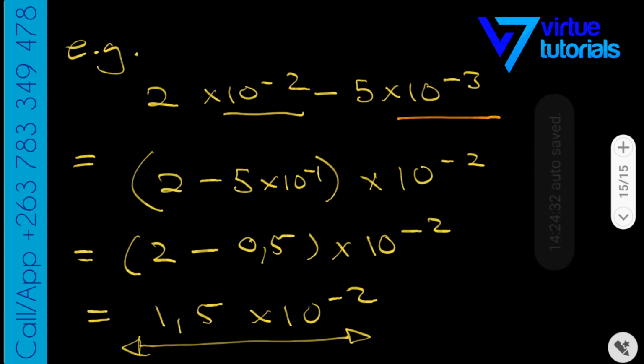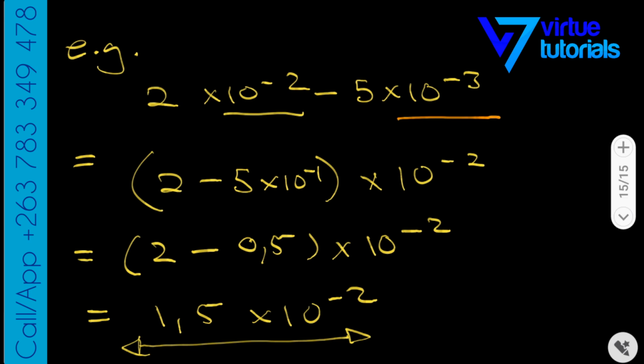So try the questions on addition and subtraction in standard form. But one thing I can add is some people prefer a simple method of changing this whole thing back to its original or general form. So this would have gone back to 0.02, and this one would go back to 0.005.